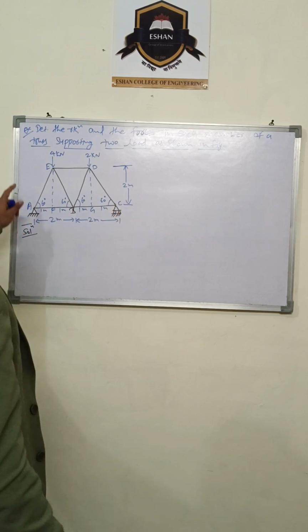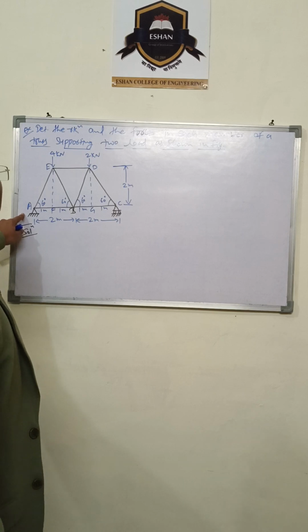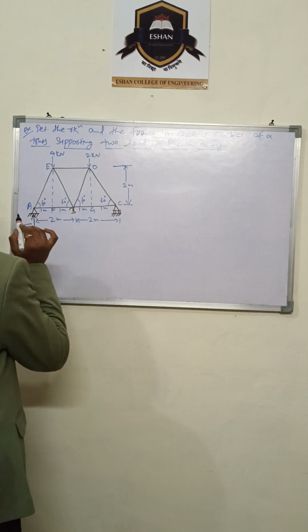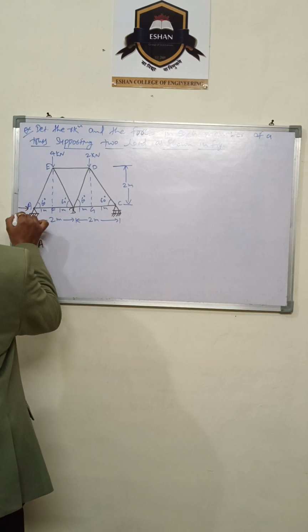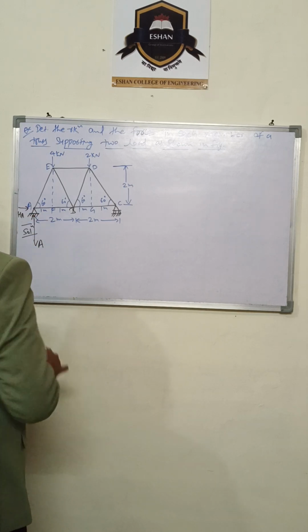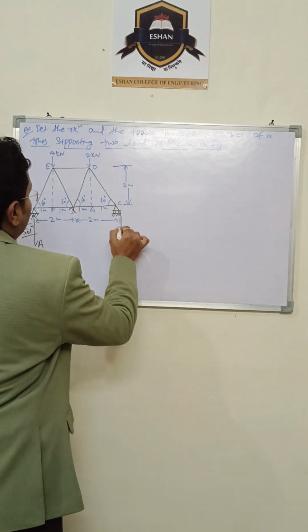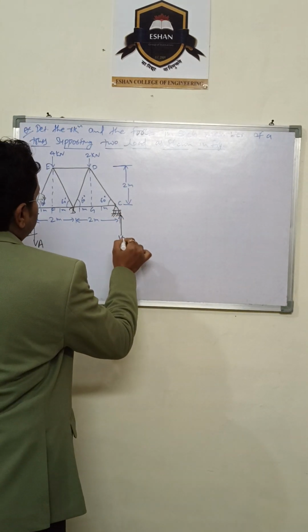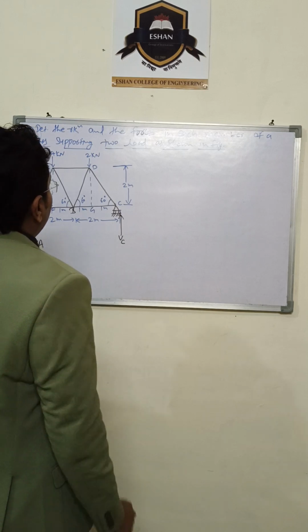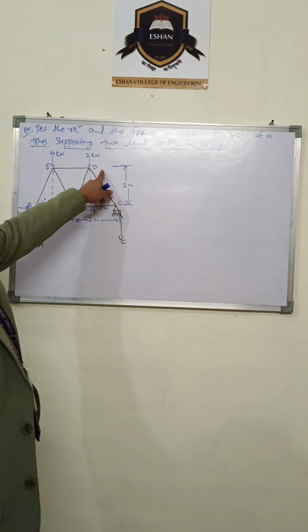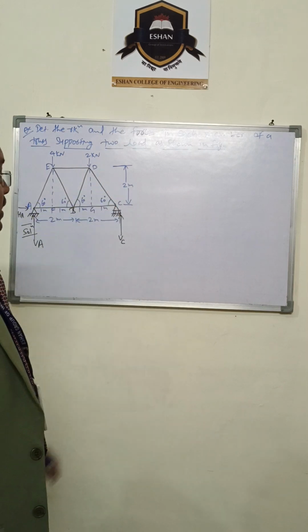That means A is the hinge, so two reactions will be generated: first the vertical reaction VA, and the horizontal reaction HA. Second, at C point only one reaction is generated, VC. Now at E point a 4 kilonewton load is given, at D point a 2 kilonewton load is given.